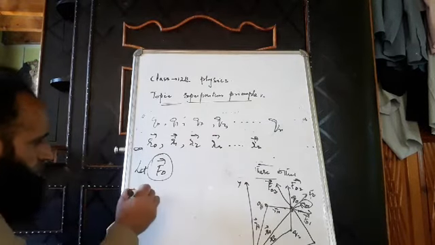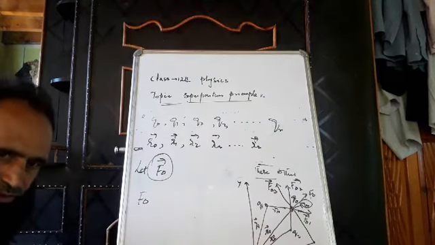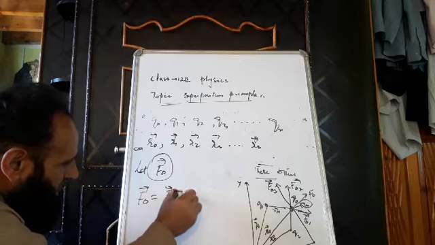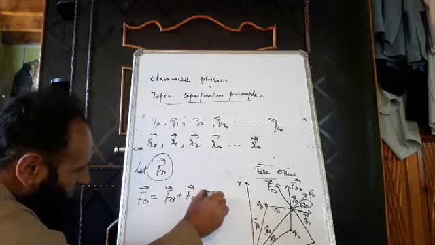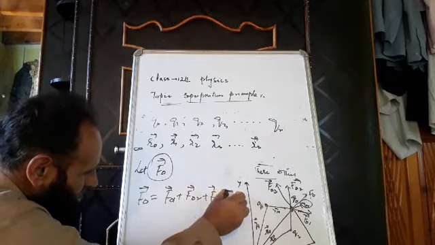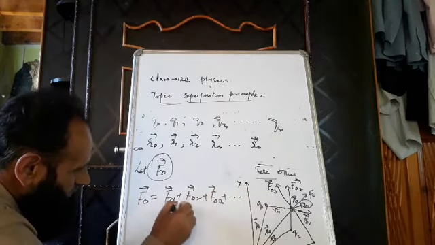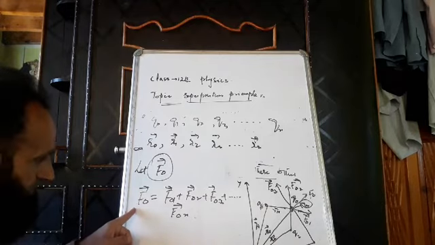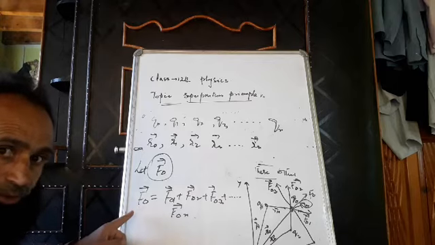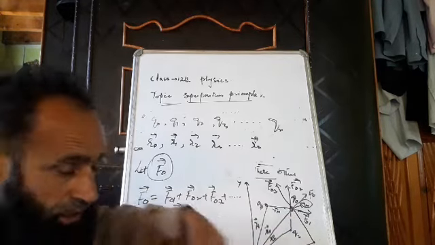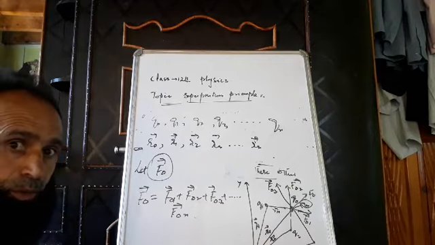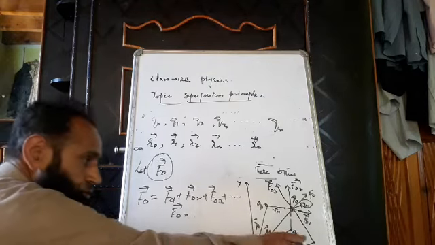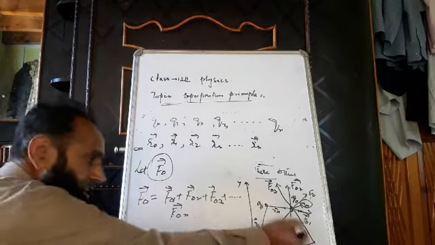This force F0 is equal to F01 plus F02 plus F03 plus and so on up to F0n. So many charges. In the definition, we have said this: the force acting on this charge is equal to the sum of forces acting on this charge due to other charges.